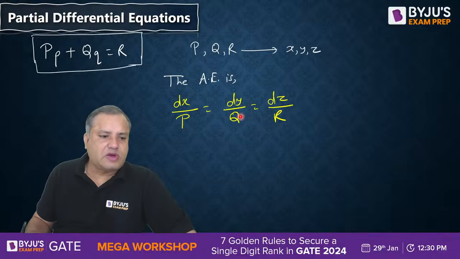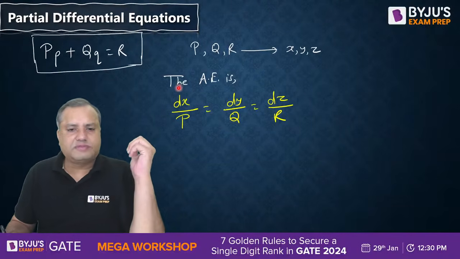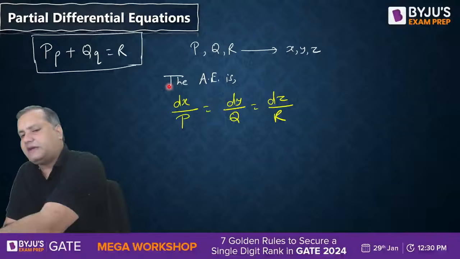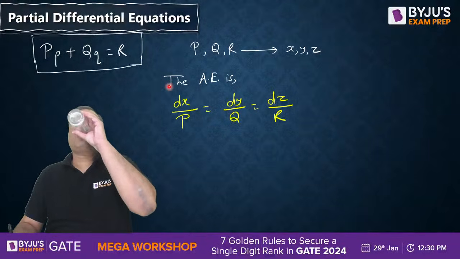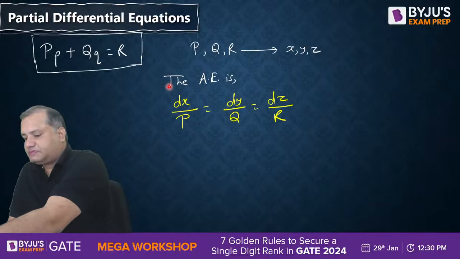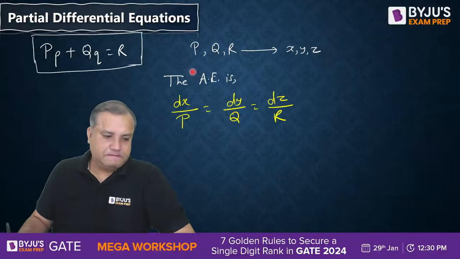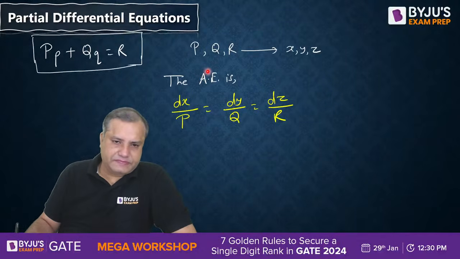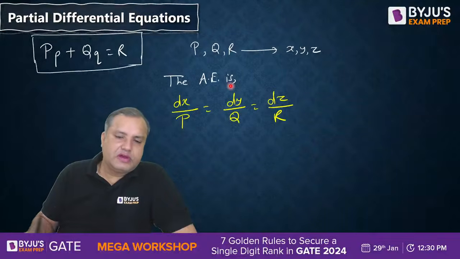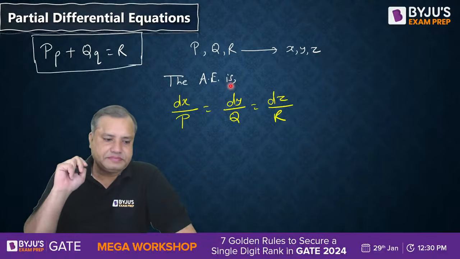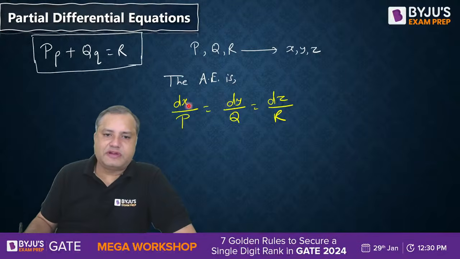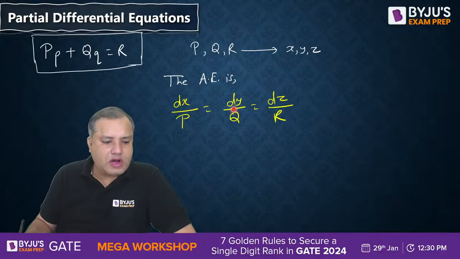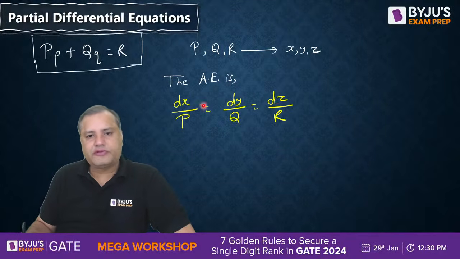In this auxiliary equation, how many terms can you see? I can see three terms. We will consider two at a time, either first and second, or second and third, or first and third.